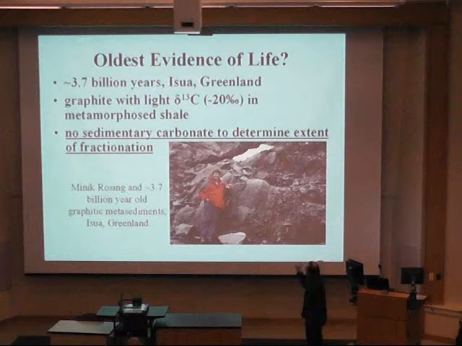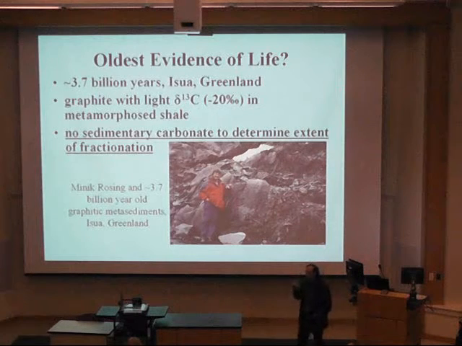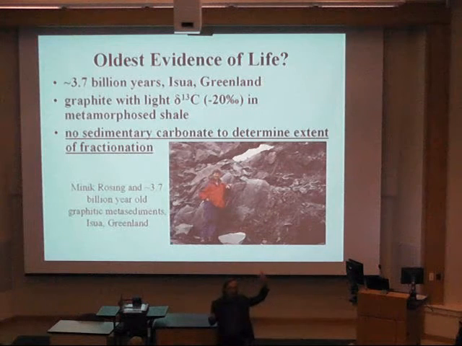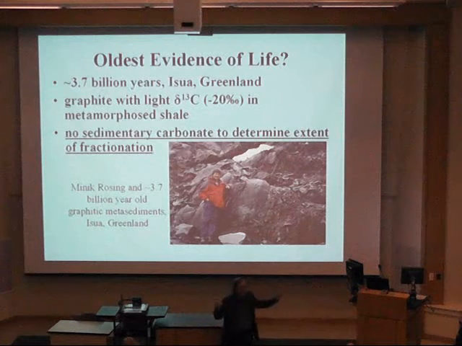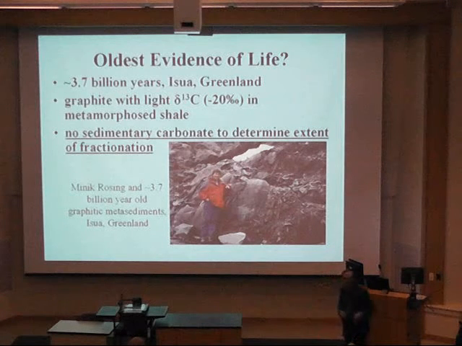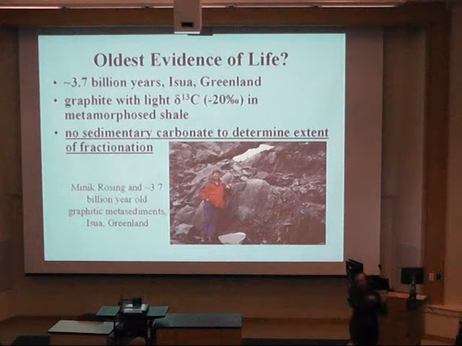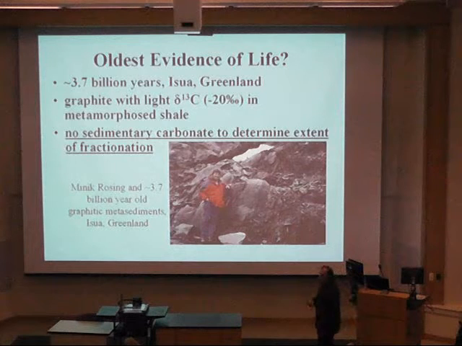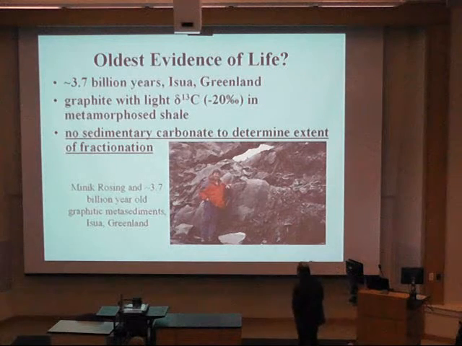The difficulty with this, however, is that, remember when we were talking about atomic fossils, you needed to have both the reactant and the product to be sure of what the magnitude of the isotopic fractionation was. In this instance, there is no sedimentary carbonate that would represent the isotopic composition of carbon dioxide going into photosynthesis to compare with what comes out of photosynthesis. So this could be evidence of life, but it's not conclusive.